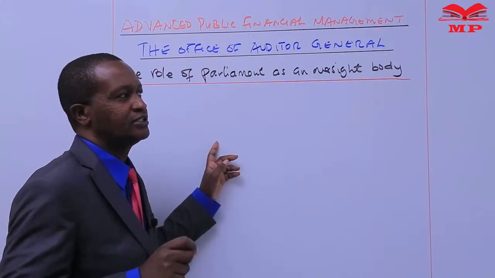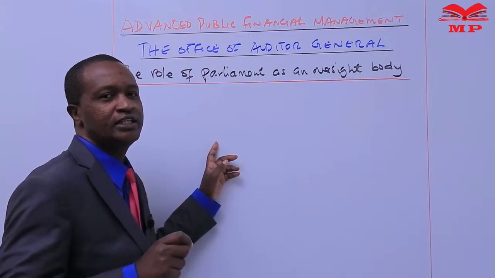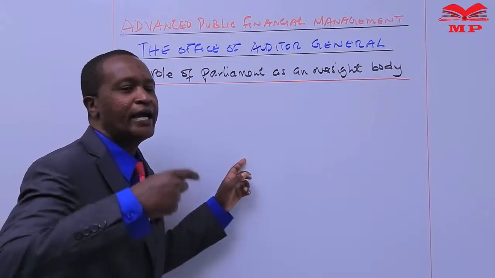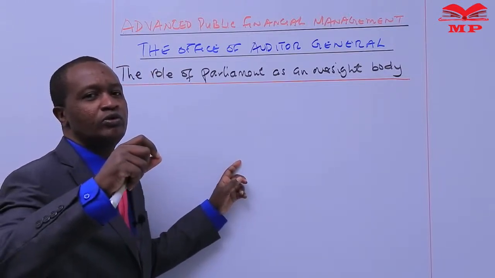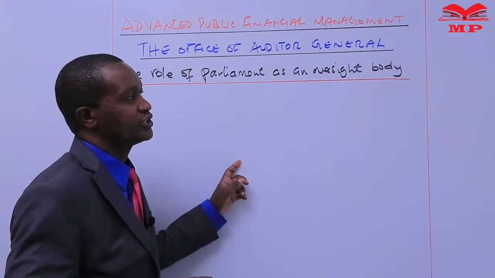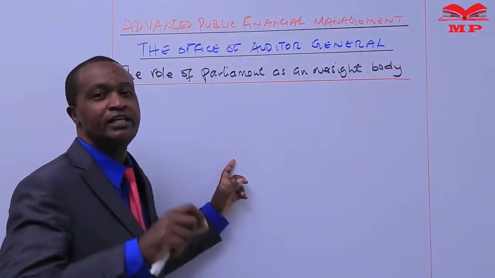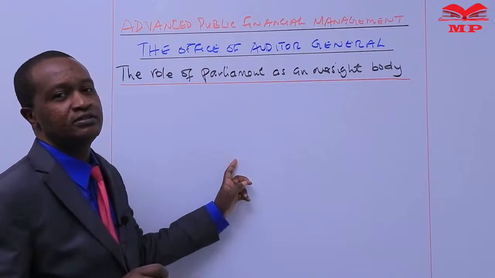Furthermore, candidates, the Parliament of Kenya is a bicameral parliament that consists of 2 houses. That is the National Assembly and the Senate.